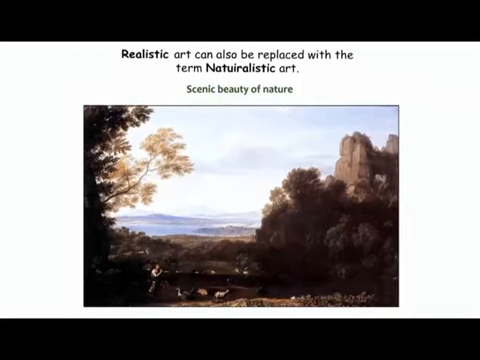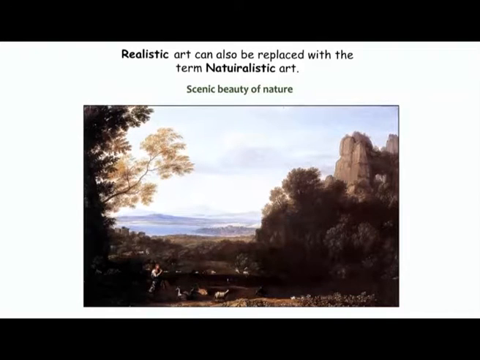We have mentioned this concept of illusionism in one of our previous lectures, and now we shall see some variants of it. Since the realistic term can also be replaced with the term naturalistic art, let us see some of the main categories of realistic art that dominated the history of Western art for a long time.